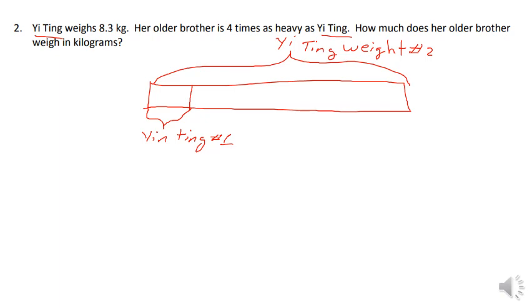We know that he weighs 8 3/10 of a kilogram. Now it says that Ying-Ting number 2 up here weighs 4 times as much. So I know that if I take 8 3/10 kilograms and extend it out 4 times, that should be how much he weighs.